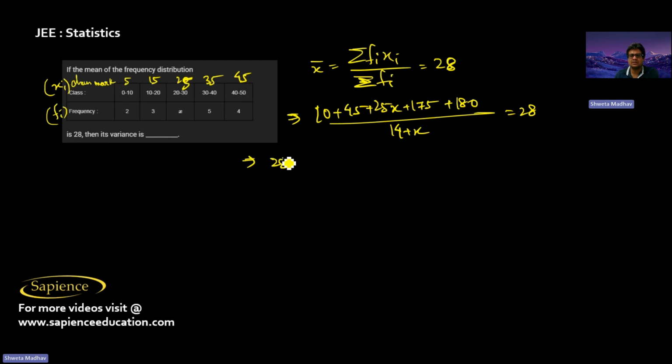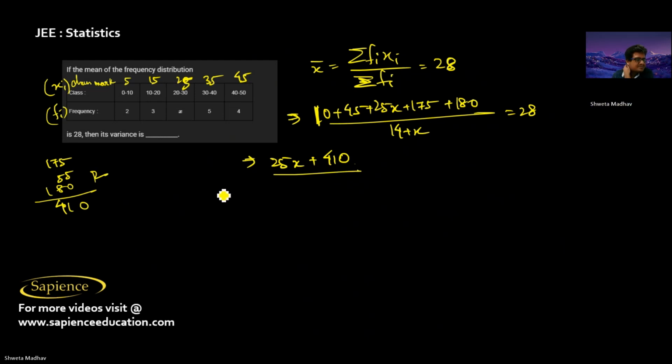Now, 25x plus 10 plus 45 plus 175 plus 180 should be 410, divided by 14 plus x, that is equal to 28.